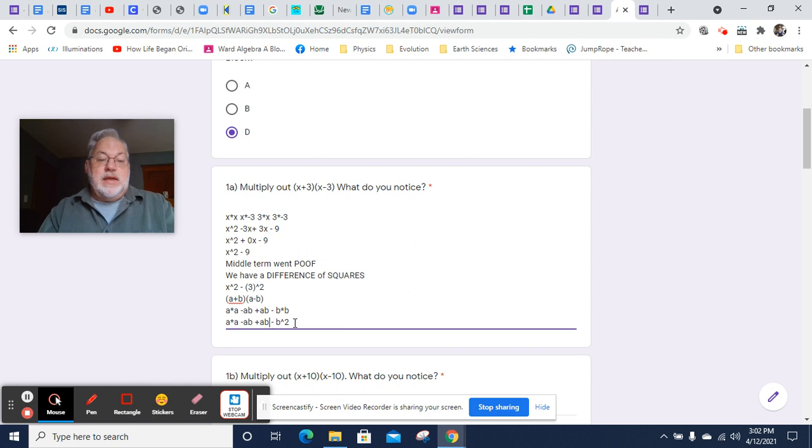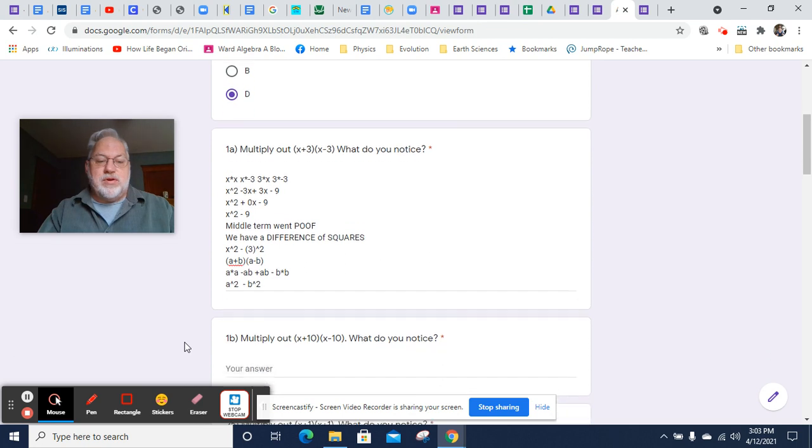And ab and negative ab are just going to be nothing. And then a times a is going to be a squared. So we have the beginning of it and the end of it, the first term and the last term, both squared, and it's a difference of them. Okay, so this is known as a difference of squares. It's a very, very important structure.